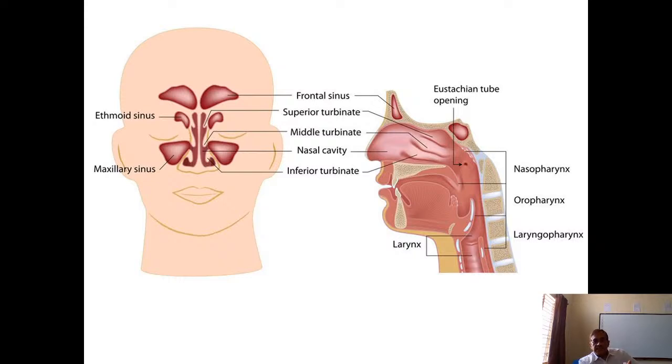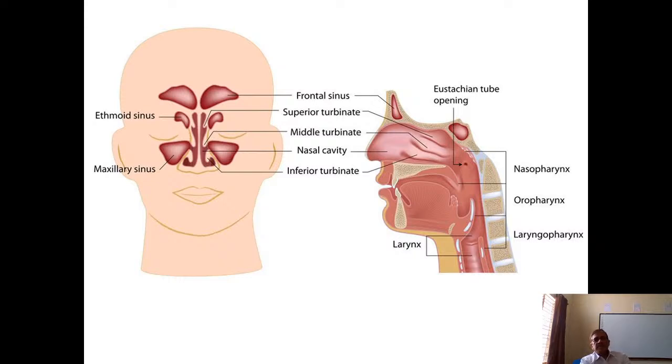Then you have the temperature control. When the cold air is inhaled, within a small span of time before it passes through the nasal cavity, it almost comes to the normal temperature of the body, and this is facilitated by the rich blood supply in the nasal cavity and the small projections in the lateral wall of the nasal cavity, which are called the turbinates, the inferior, middle, and superior turbinates.